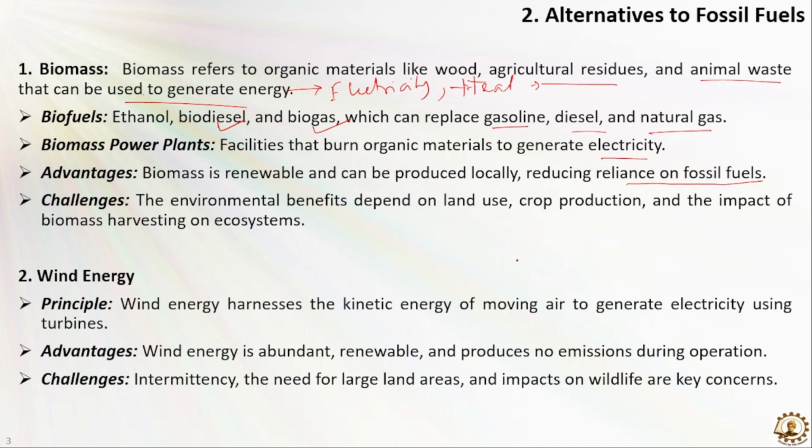The advantage of wind energy is that it is abundant and renewable, and it produces no emissions during operation. Suppose this is your wind tower, and here a propeller is installed. If the wind hits the propeller, it will rotate, and it will also rotate the turbine attached to it. This portion is known as the nacelle.